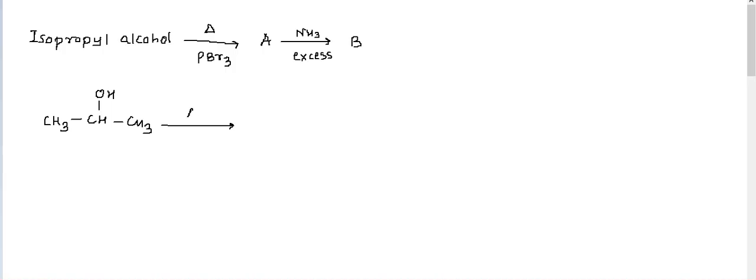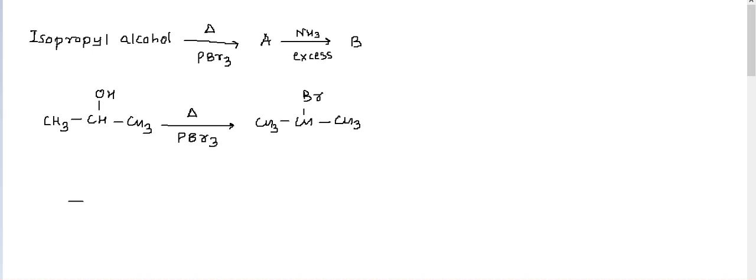Now when it is reacted with PBr3, we get Br instead of this OH, because this is the method of preparation of alkyl halide from alcohol. So CH3, CHBr and CH3.